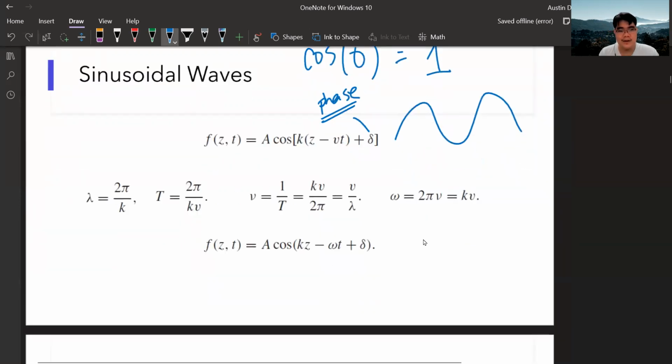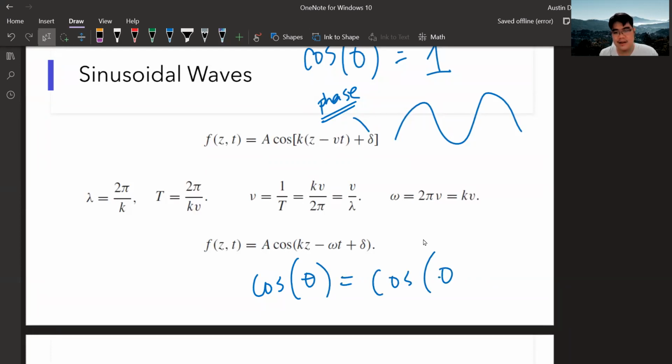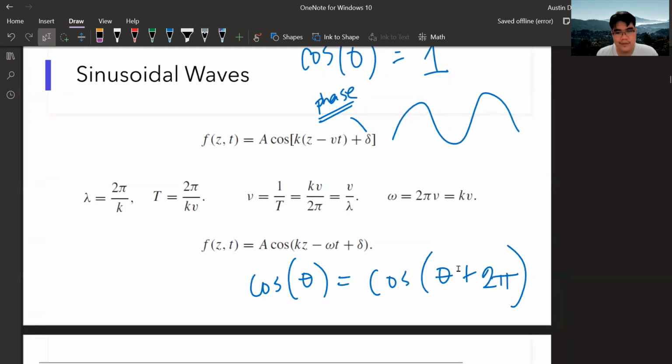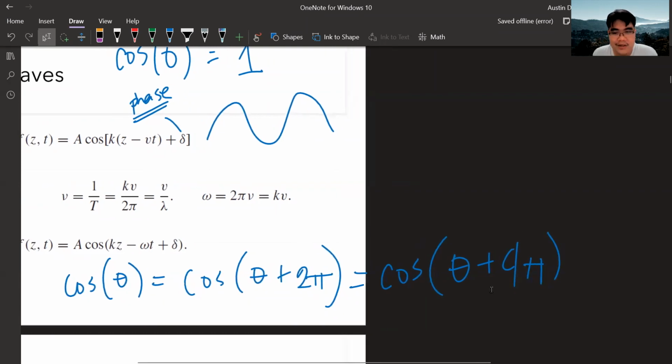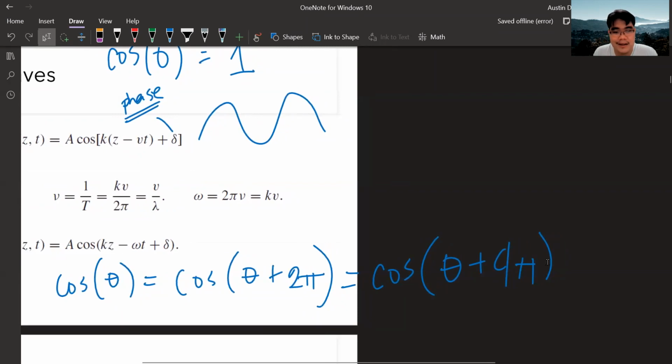Kasi di ba ang cosine theta equal lang yan sa cosine theta plus 2 pi. So in essence, yung equal lang din to sa cosine theta plus 4 pi and so on and so forth. Bale, ang ibig sabihin lang dito ng delta, siya yung nag-account din sa constant na yan.